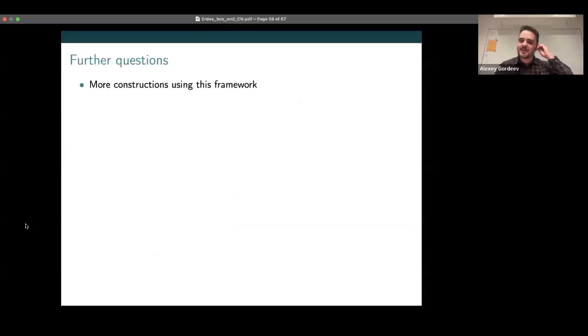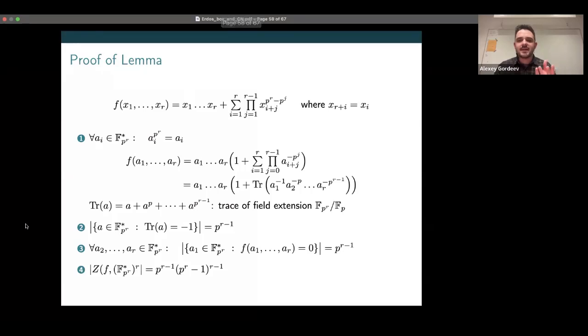So let me finish with possible directions of future work. My hope is that more constructions can be found using this framework, this method. Of course, the problem here is how to find these interesting polynomials which have a small maximal monomial but have a lot of zeros.